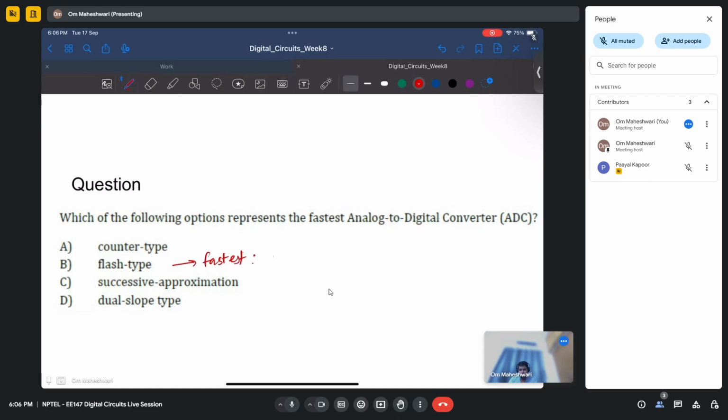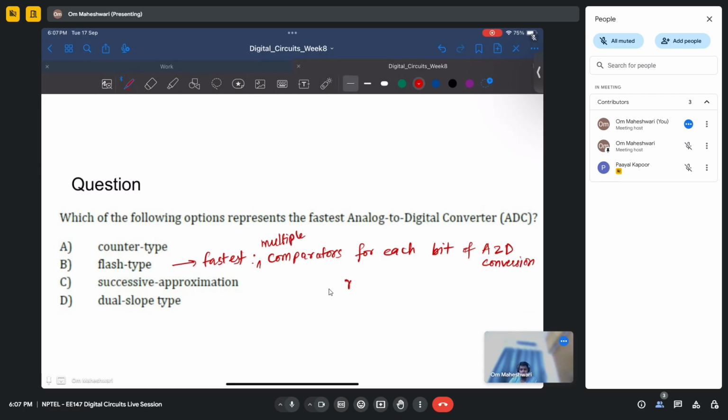It has comparators for each bit. So for each bit of analog to digital conversion, it has a separate comparator.